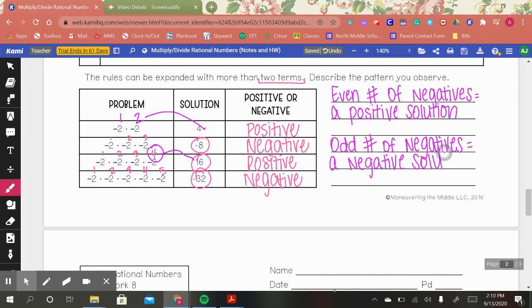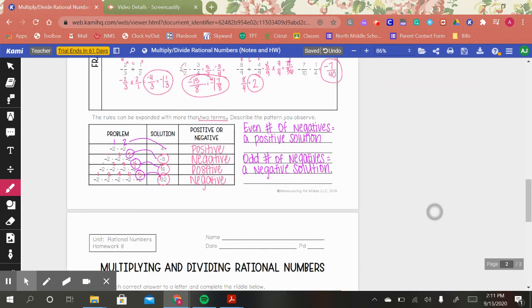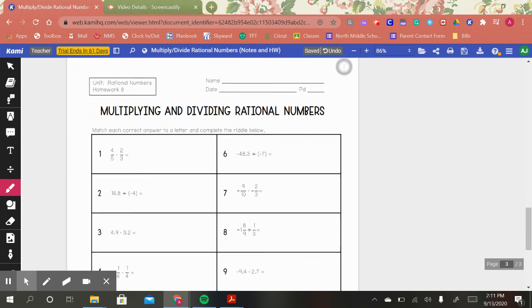And you can see that in the table on the left side. Odd, 3 is odd, negative solution. 5 is odd, negative solution. Okay, so that'll help you when you're multiplying more than two terms together to figure out if it's positive or negative. All right, let's take a glance at homework.